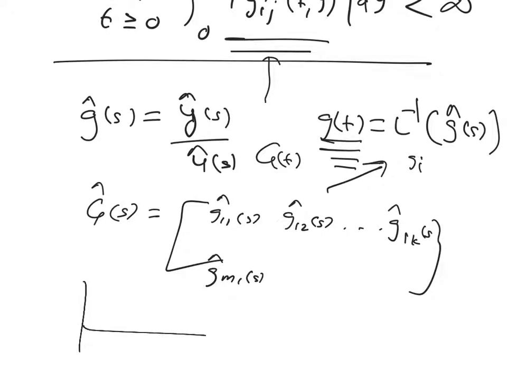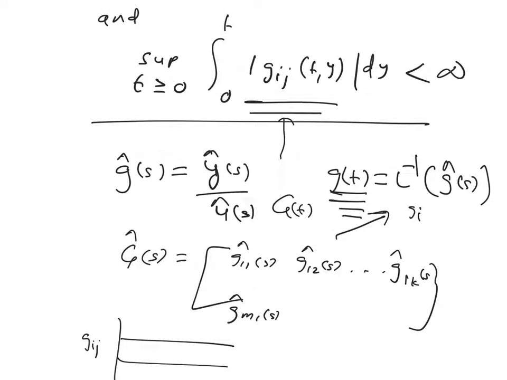Okay. So for example, let's say my g_ij is constant for all time, 1 or 0.5, 0.2. What will happen if I integrate it to infinity? If I do this integration here, it is infinite. Okay, it won't be bounded, because the t will come out, right?